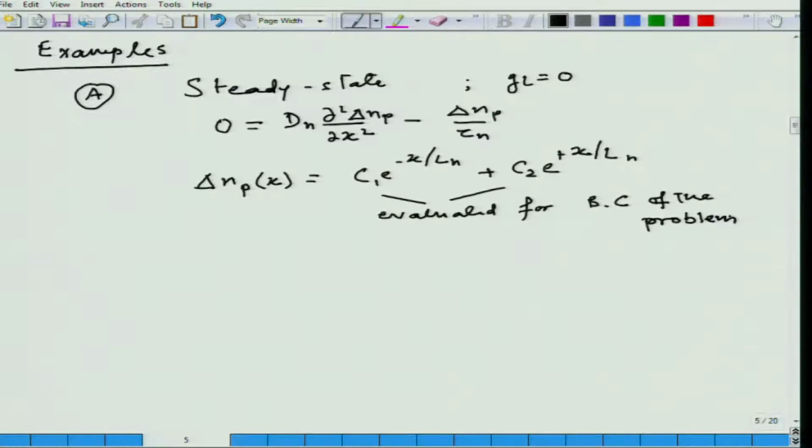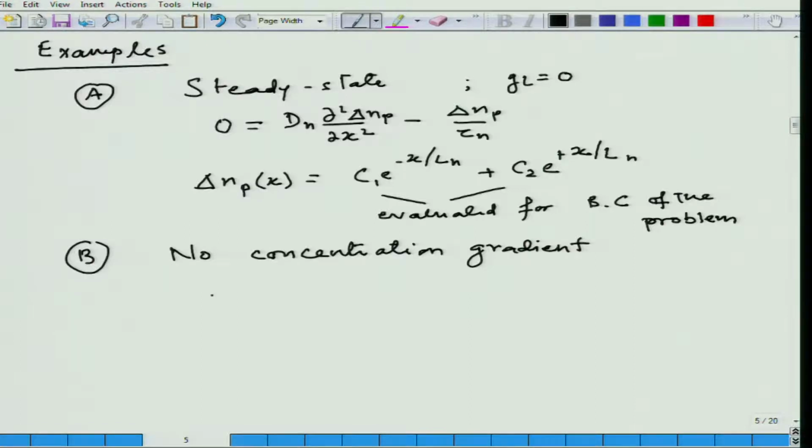Then there are certain other approximations that we encounter often in device physics, and the second one is when there is no concentration gradient. When there is no concentration gradient, what will happen to the minority diffusion equation? In the no concentration gradient case, this term will become 0, and you are left with the transient of the excess as a function of time.